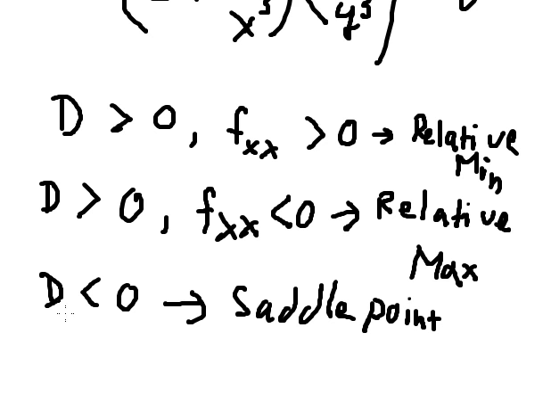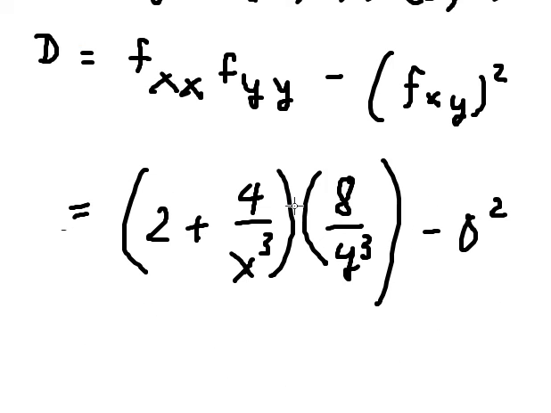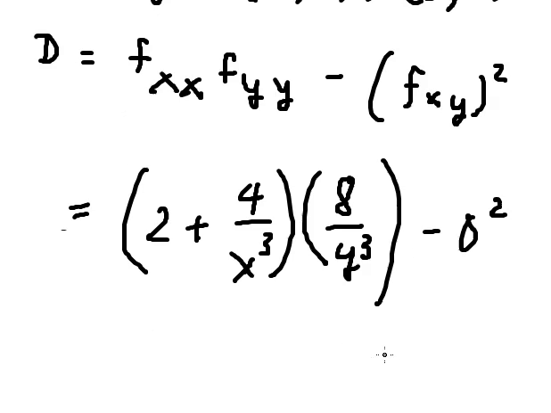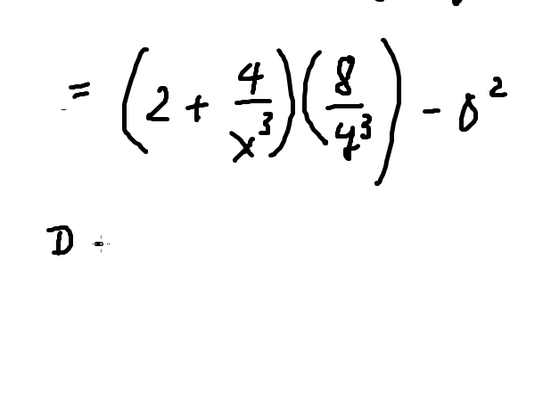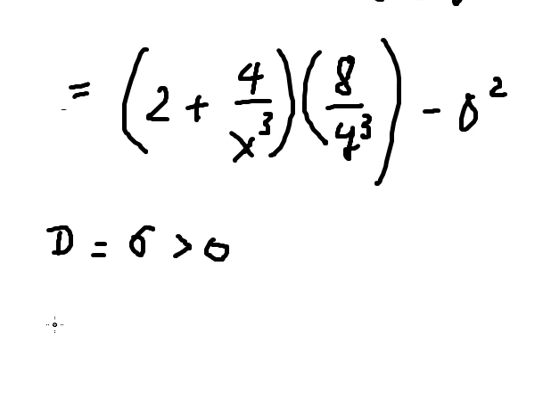So we can apply the formula in here. So we have 2 points. Now we put number 1, x equals number 1 goes here, number 2 goes here, and we have D equals number 6, and this one is greater than number 0, and we put the value into the second derivative.